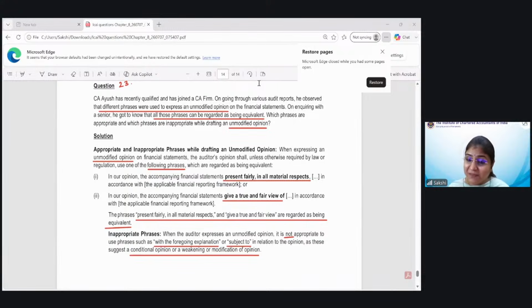If you are using these, it is not an unmodified opinion. You are saying everything is true and fair, subject to confirmation from debtors, subject to valuation of fixed assets, subject to valuation of inventory. Oh no, that is a modification. It could be a disclaimer, an adverse opinion, or a qualified opinion. Are you understanding this, dear students?